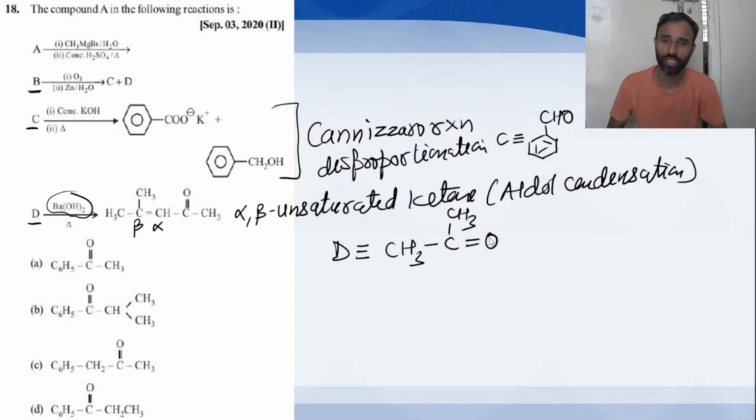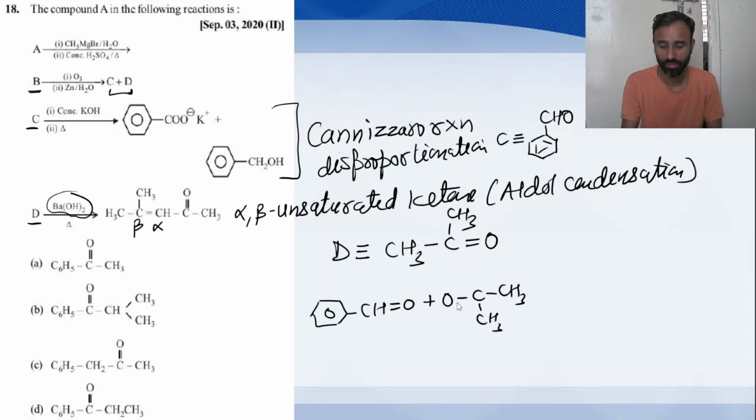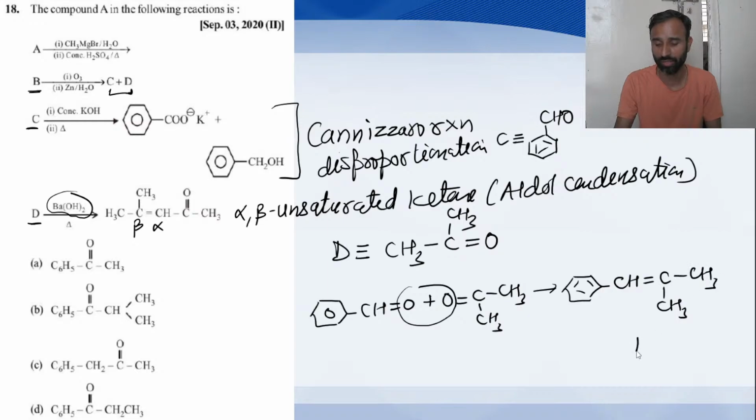That means D is acetone. So C and D are the ozonolysis products of B. Just join them together. This is retro ozonolysis, and just remove O. When we remove the O, we get the alkene, and this alkene is B. So B is this one.